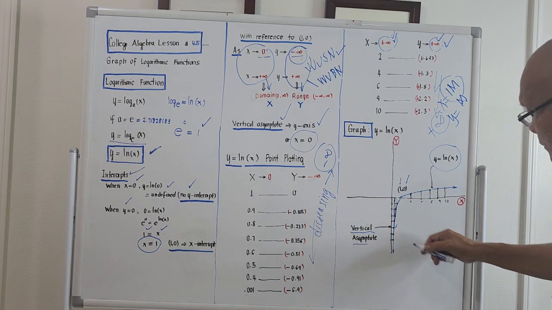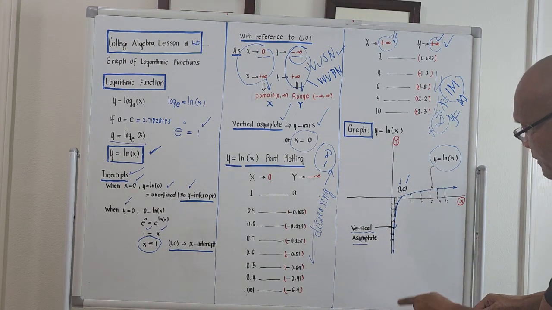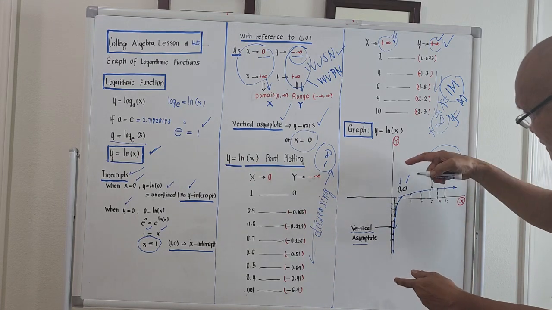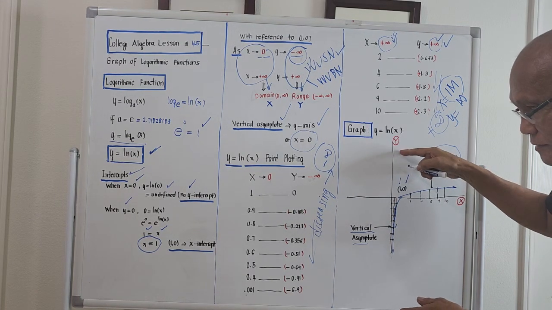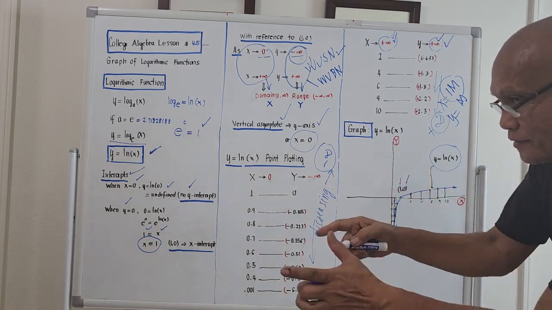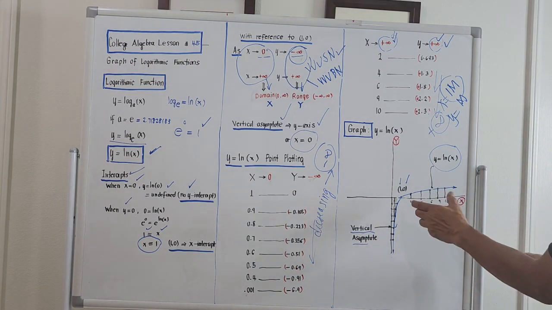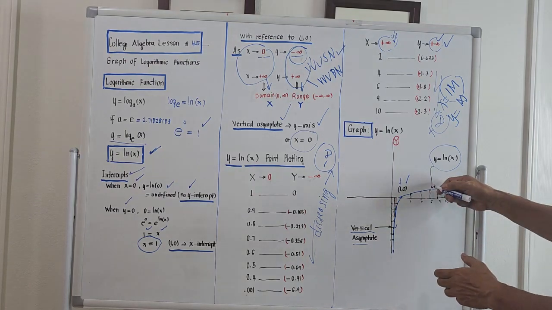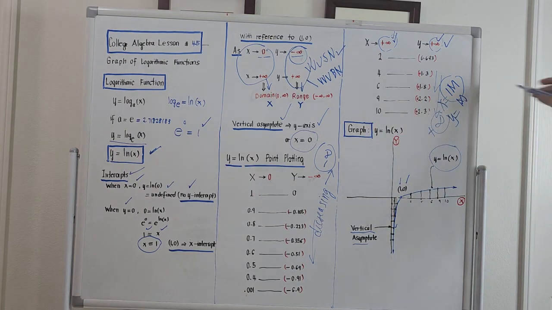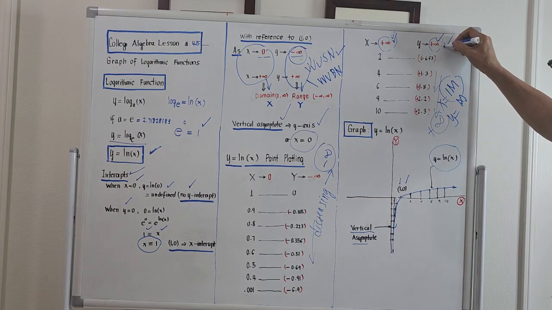Going down, but as we go down, okay, the graph does not cross the y-axis, except maybe at infinity. And for the one on the right, as we increase the value of x, it also goes upward. Okay, it will increase. That's why this is positive infinity.